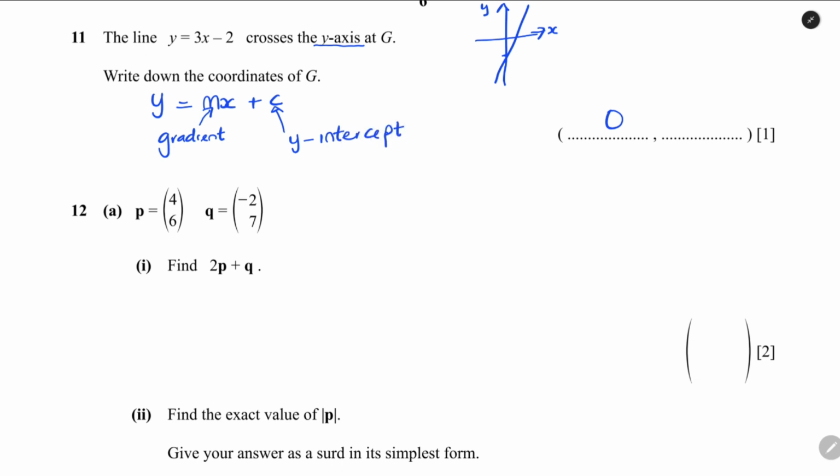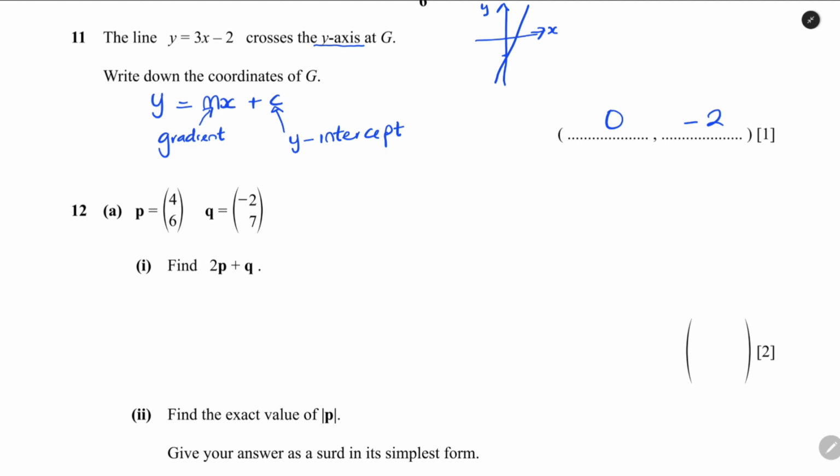The y-intercept is just another way of saying where the line crosses the y-axis. So if you compare your equation to this, it's obvious that the gradient of this line is 3 and its y-intercept is minus 2. So our y value here is going to be minus 2.